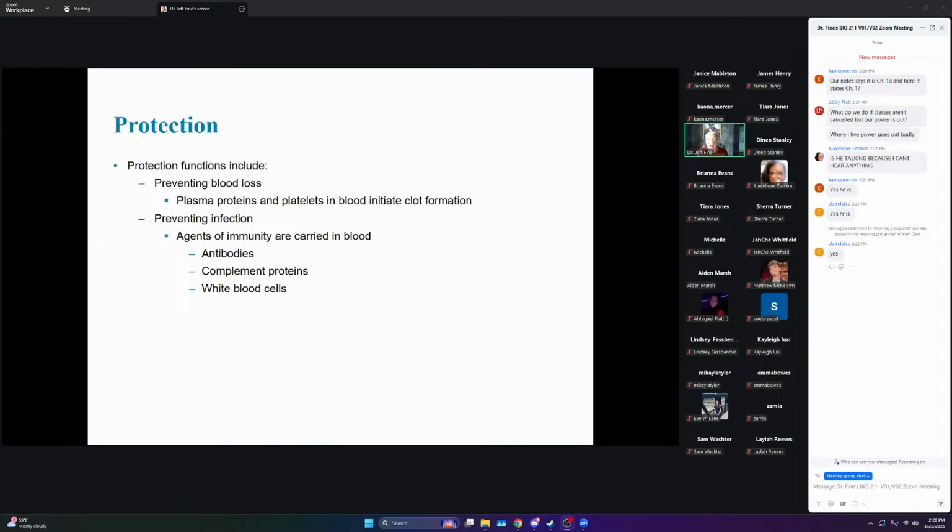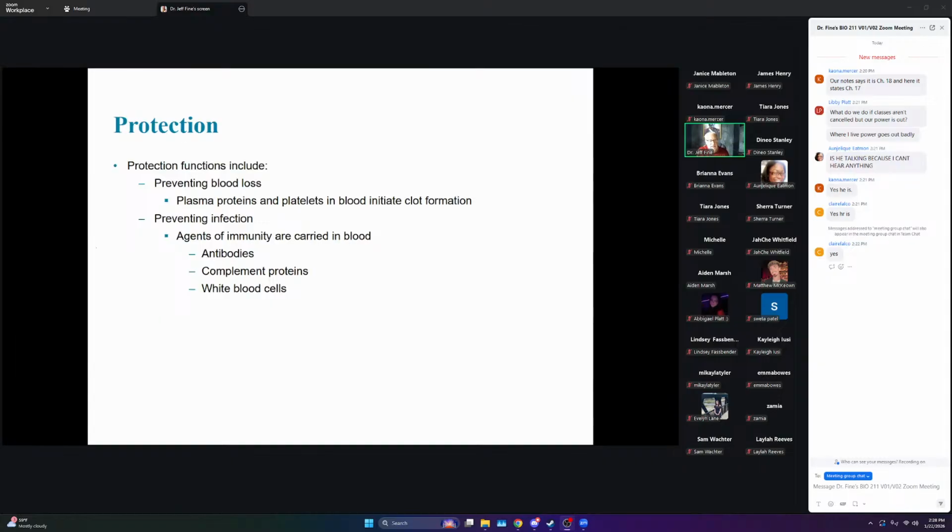Okay, beyond that, prevention, and we'll be talking more about these things next week when we talk about the lymphatic system and immunity, but we're going to be talking about antibodies and our leukocytes, our protective warrior cells that are out patrolling our bloodstream, watching for pathogens, bacteria, viruses, cancers, any type of toxins that we inhale or ingest.